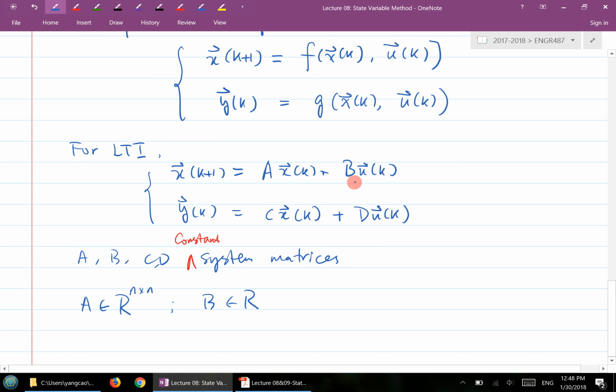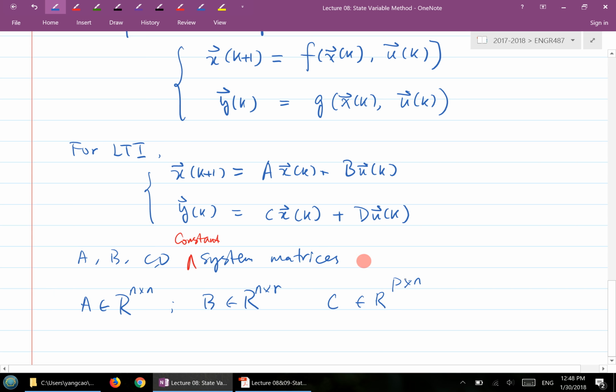B is multiplied by U, which is r by 1, so B needs to be n by r. N by r times r by 1 gives you n by 1, which is the same size as x of k. C is a p by n matrix.